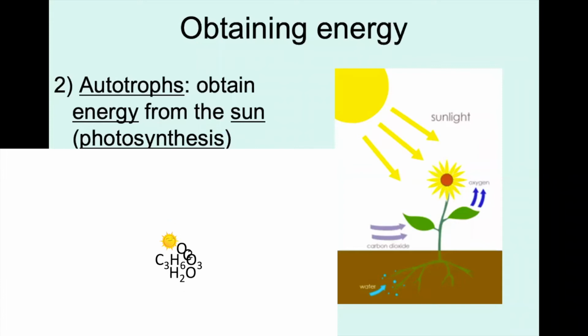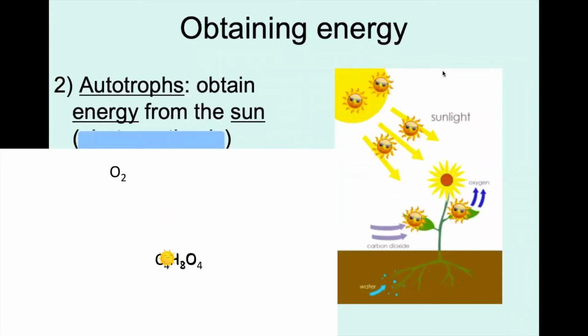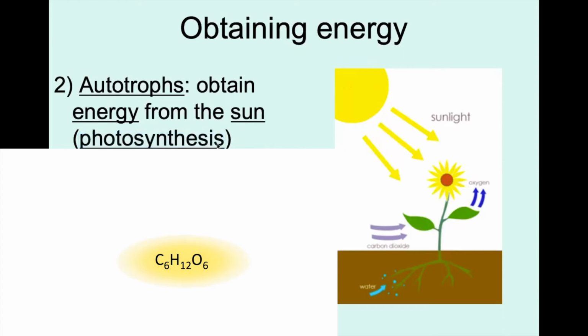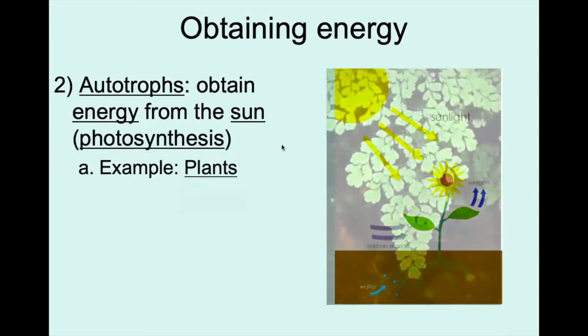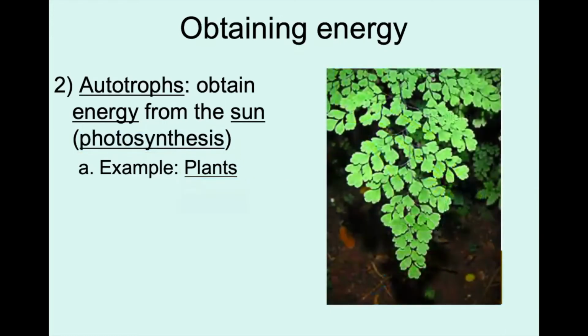And that carbohydrate is going to take all of this solar energy, store it. And when the plant needs that energy, it's going to open it up and use it. Right? So it is making its own food, making its own nourishment. I said this is called photosynthesis. An example of things that can do that are plants. There you go.